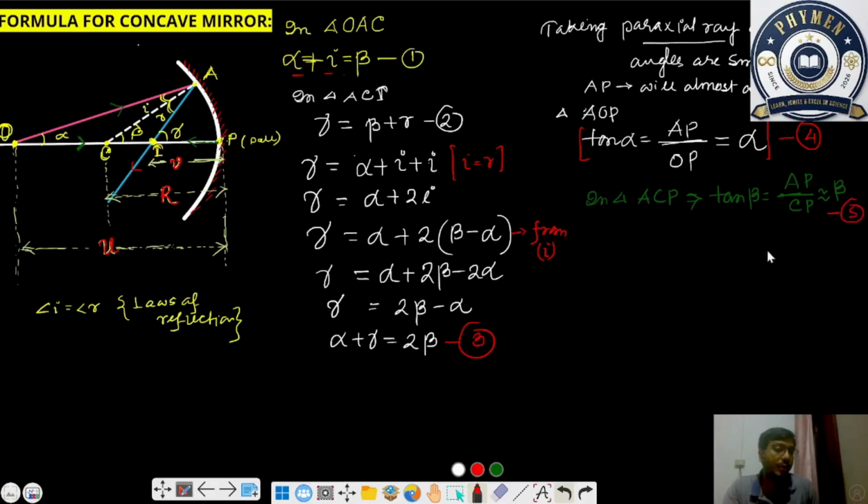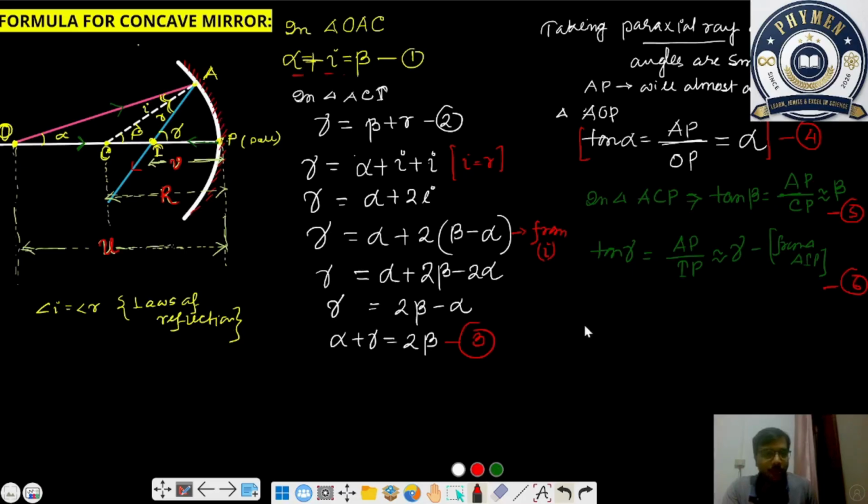Let me take this as equation number 5. Another equation we get is tan gamma, from triangle AIP. Tan gamma can be written as AP by IP, and it is approximately gamma. Let me take this as equation number 6.